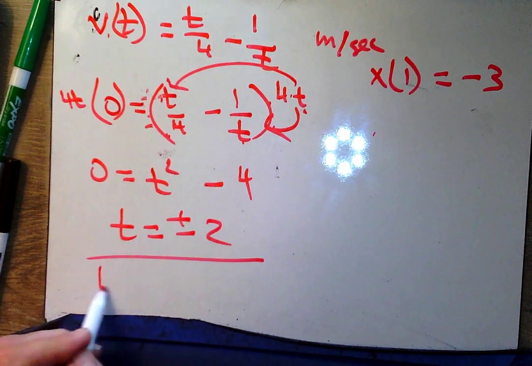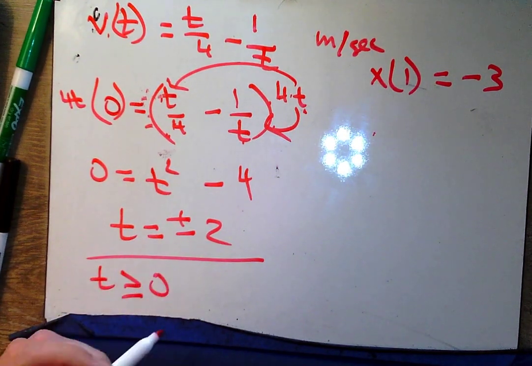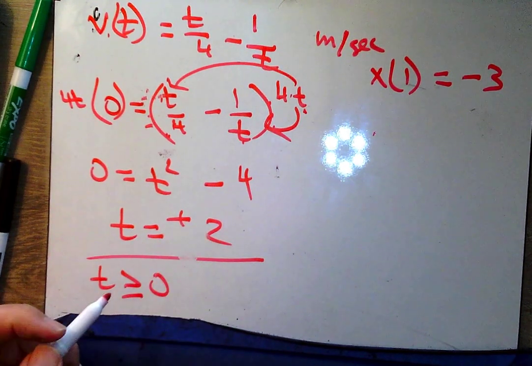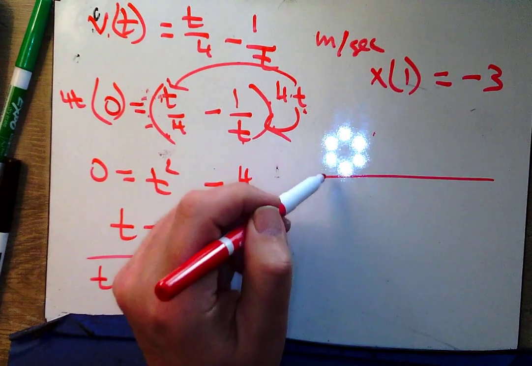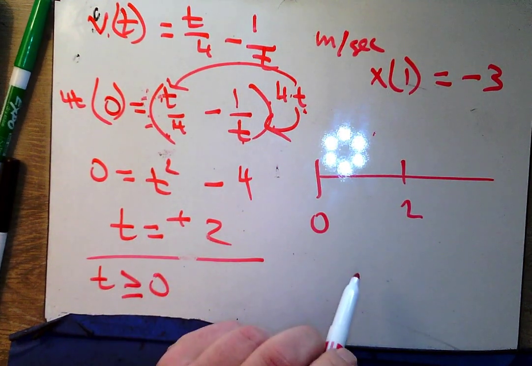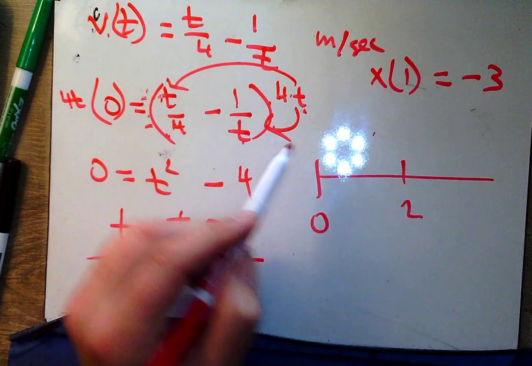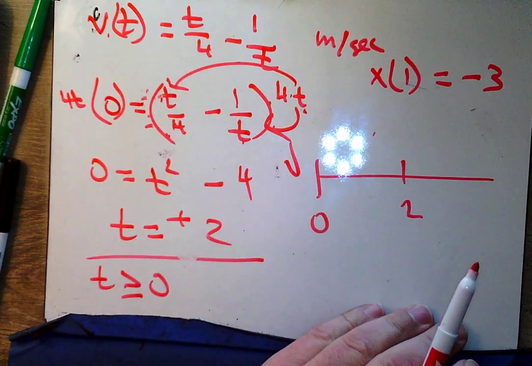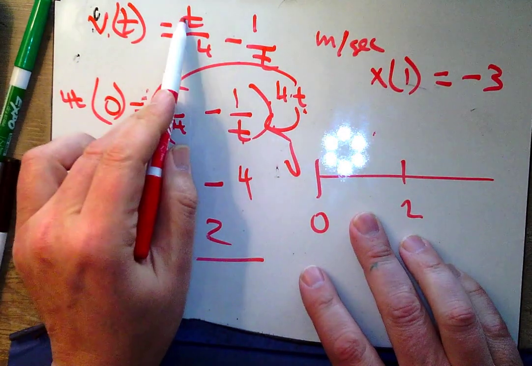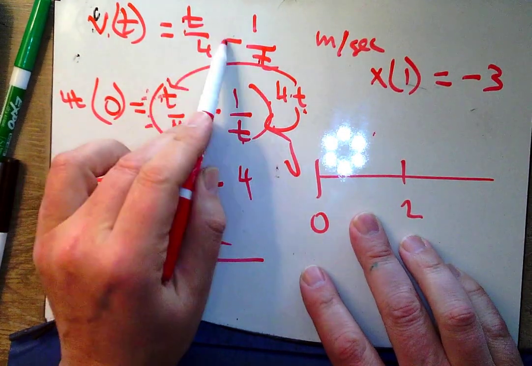However, remember how the direction said t greater than or equal to 0? Yep, don't want to lose any points for that. Okay, so t equals 2. And this is v. So times when the particle changes direction. Well, if I plug a 1 in here, I'm going to have 1/4 minus 1.